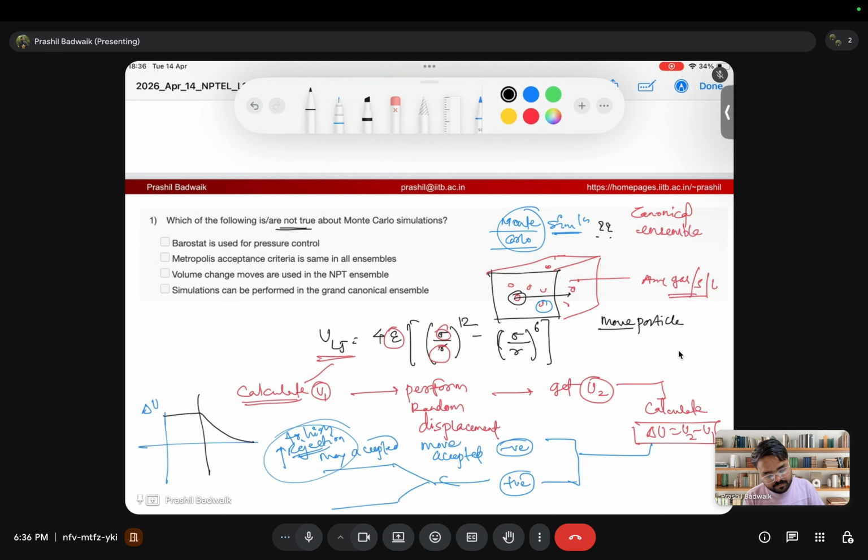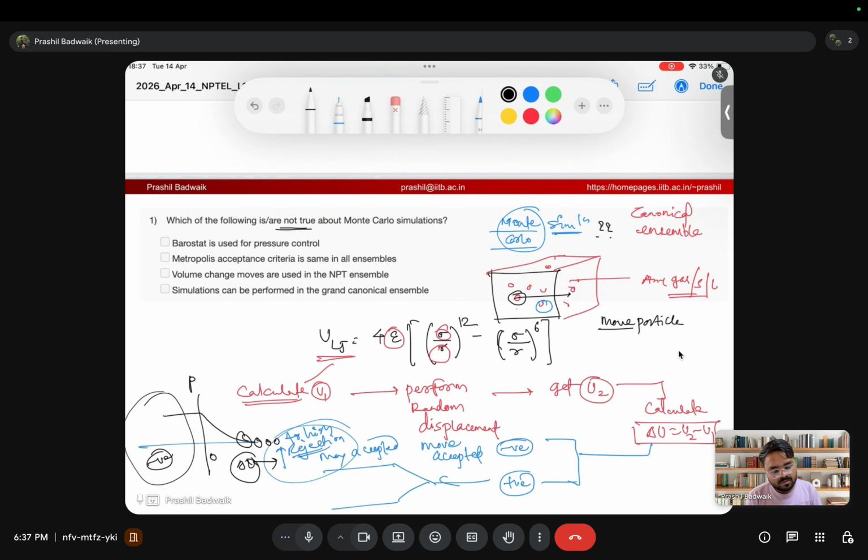This is my zero. If the energy is negative, the probability is high, and if it is positive, as the delta U value increases, the probability becomes lesser and lesser.